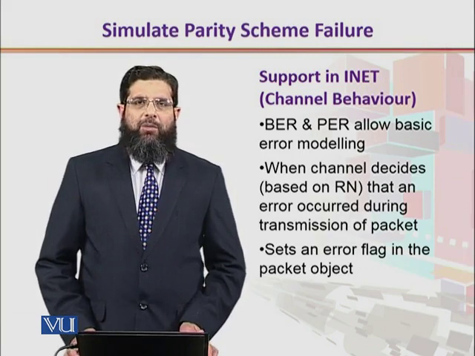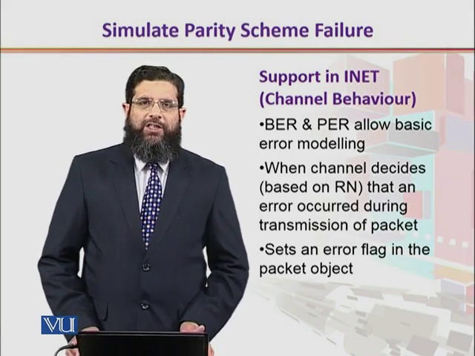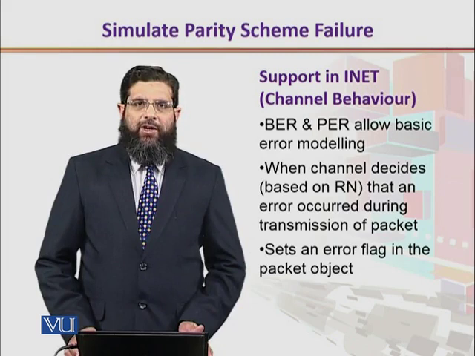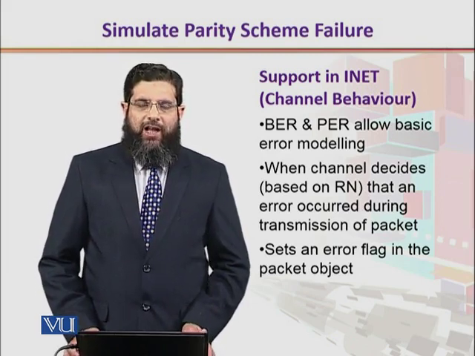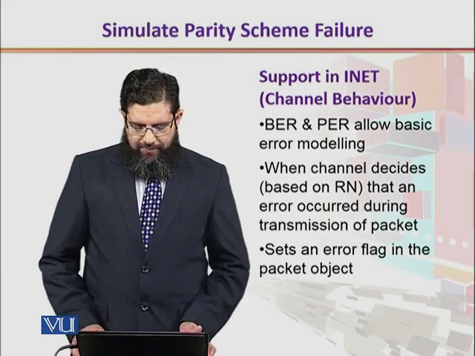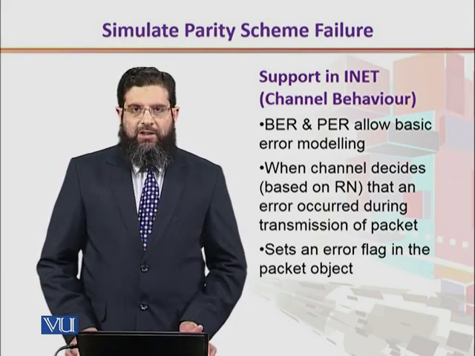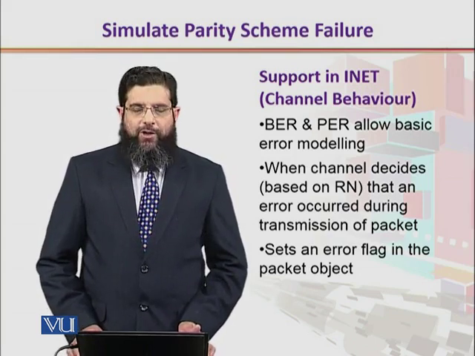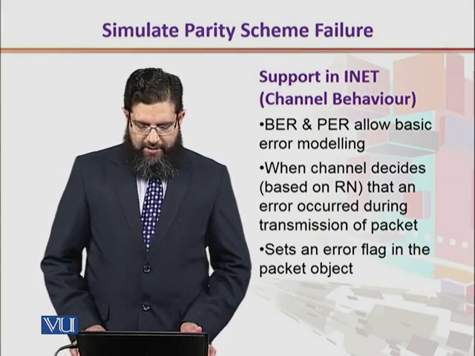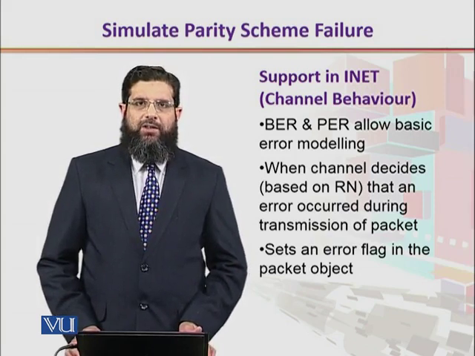And if the random number generator generates an error for the transmission of a packet, then all the channel has to do is change a flag, which it calls the error flag, in the packet object.